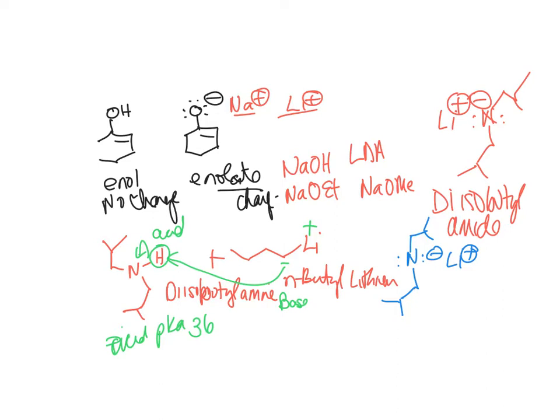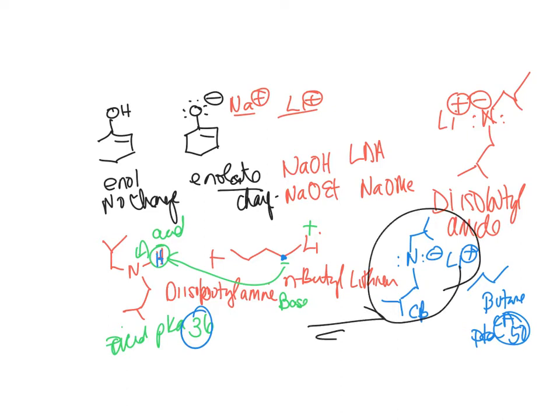Okay, so it gets deprotonated, and then this carbon picks up this hydrogen to make butane. So that's your conjugate acid, which is an alkane, pKa of 50. This is your conjugate base. So we're comparing 50 with 36. So which way does the electron flow arrow go? Towards the 50. Okay, so this is how you make LDA.